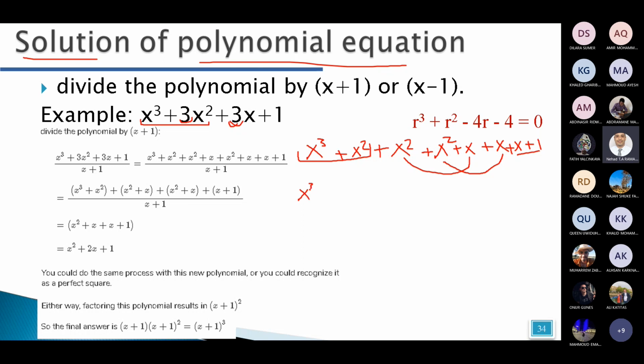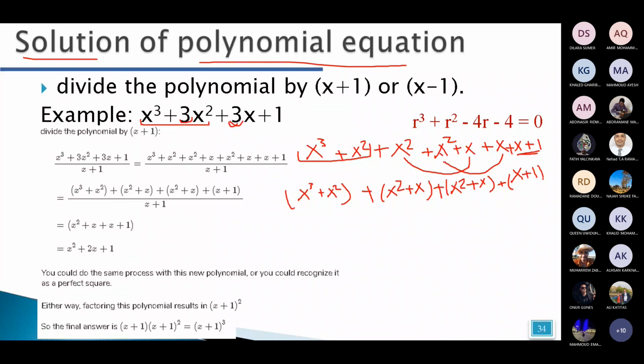It's x power 3 plus x power 2, this first group, plus x power 2 plus x, plus another x power 2 plus x, plus what remains? x plus 1.